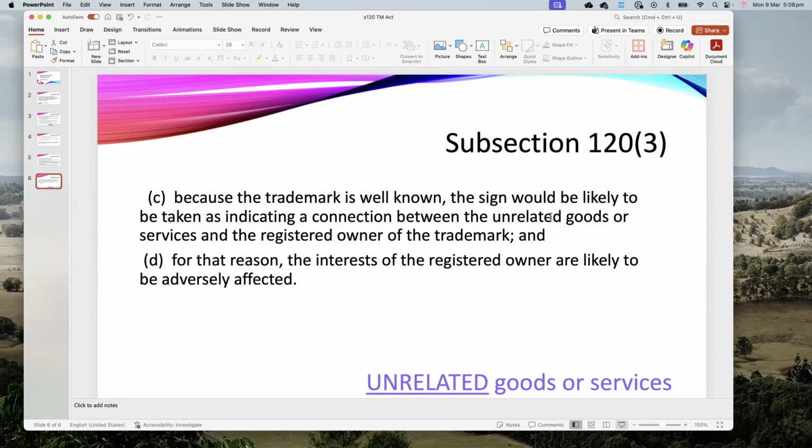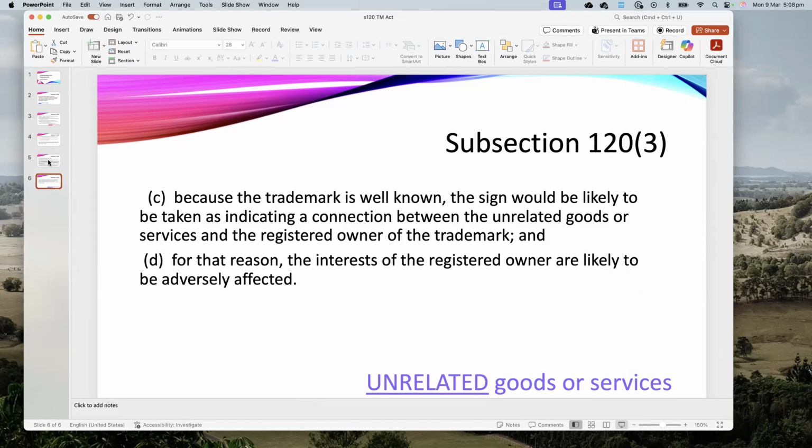And because that trademark is well known, people would think that there is a connection between the two goods or services. And for that reason, the interests of the registered trademark owner are likely to be adversely affected.